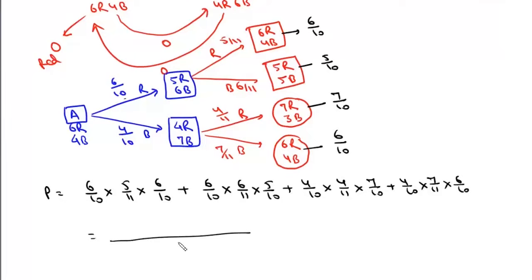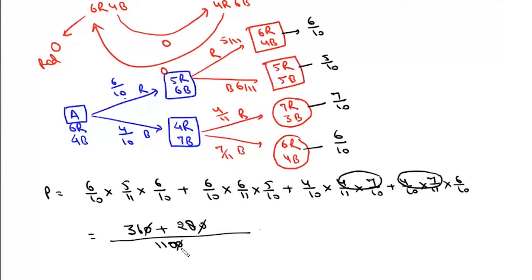And the denominator will have 1100, and here will be 6 into 6 into 5 two times. So there will be 36 into 10, which is 360. And here we have 7 into 4, 28, 28 into 10, 280.